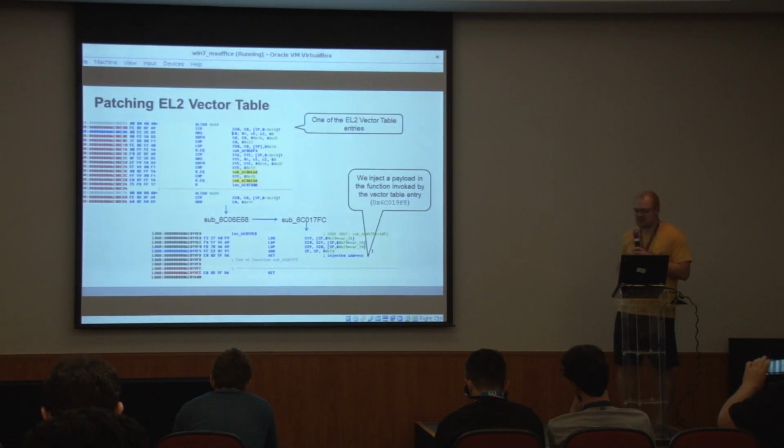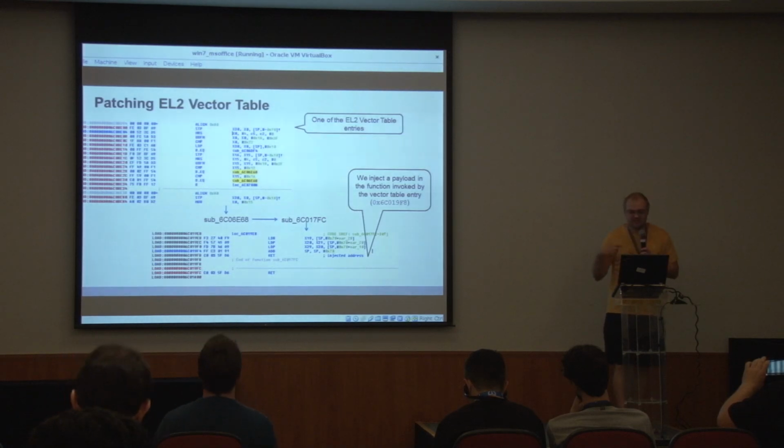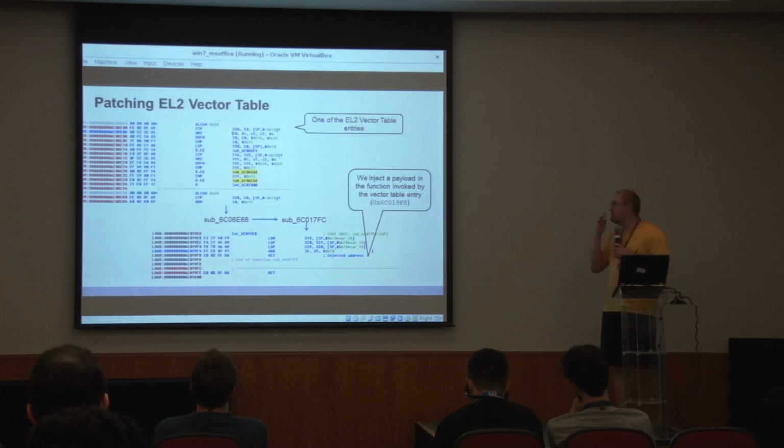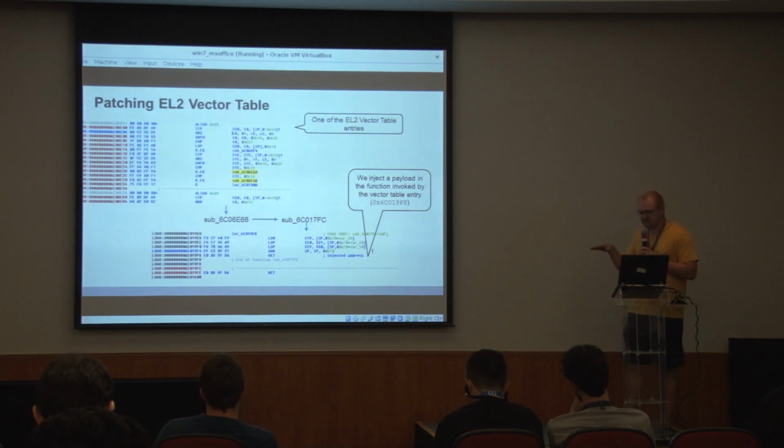To do this, we need to somehow patch the hypervisor, because we have a read primitive, but it's not code execution. But remember when I mentioned that the vector table is the entry point for all exceptions coming from a low privilege level. In the vector table, there is an entry which is called periodically, every couple of seconds.